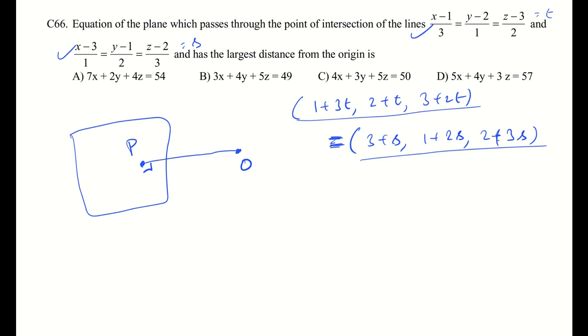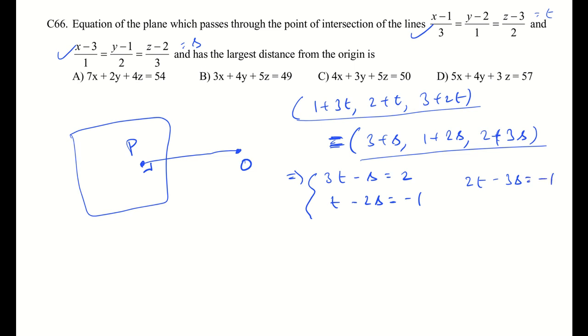So equating the x coordinates, I have 3t minus s is equal to 2, and equating y coordinates I have t minus 2s is equal to minus 1, and equating z coordinates I have 2t minus 3s is equal to minus 1.